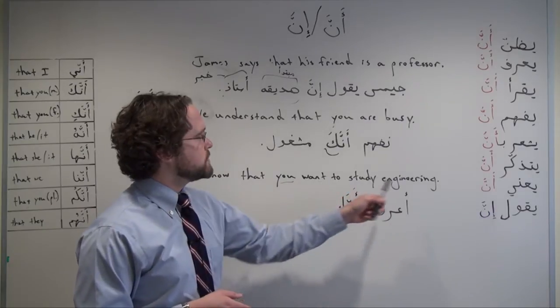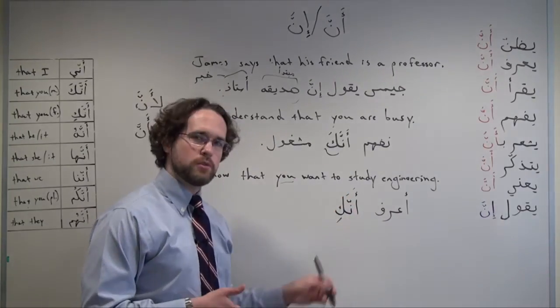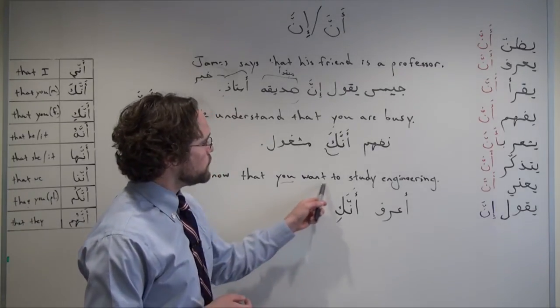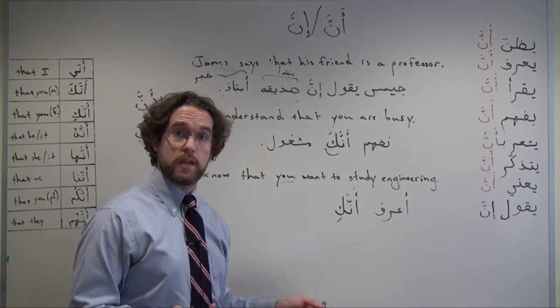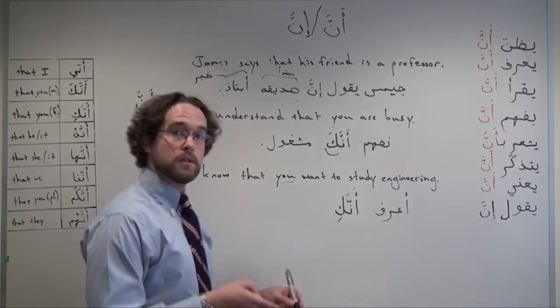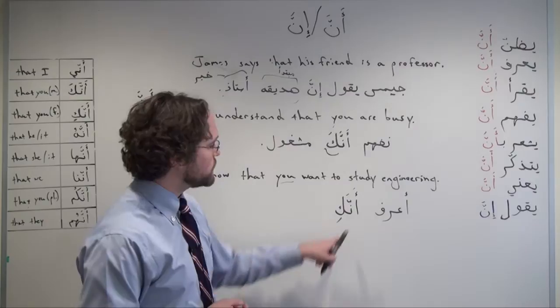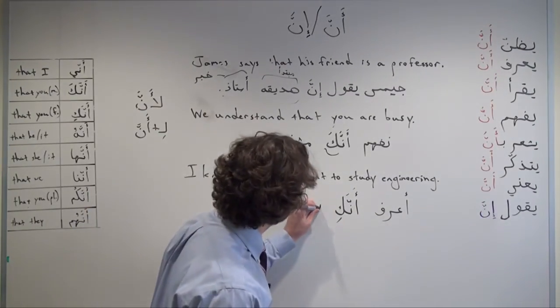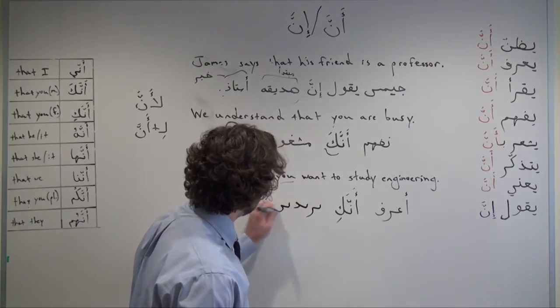You want to study engineering. So ki is our subject representing enti. And now we're going to use a conjugated verb, right? As though we're saying enti. So you want, we would say enti turidin, but we don't need enti because we have our modified pronoun here. Annaki turidin.